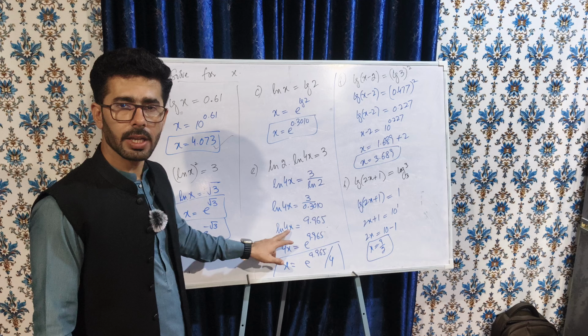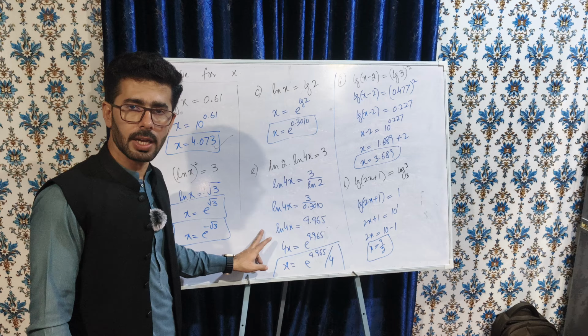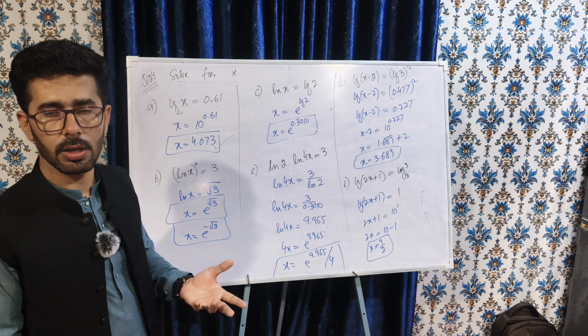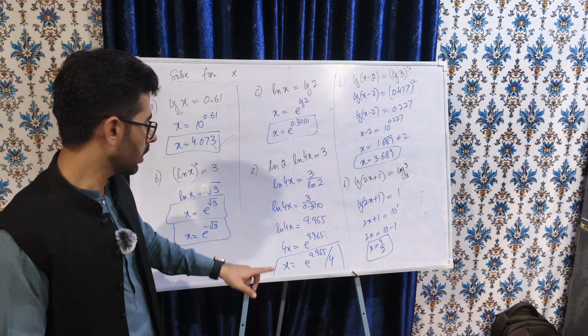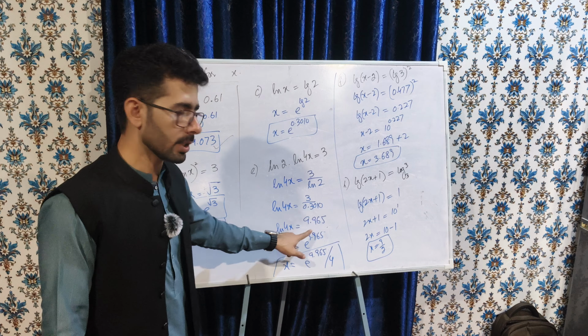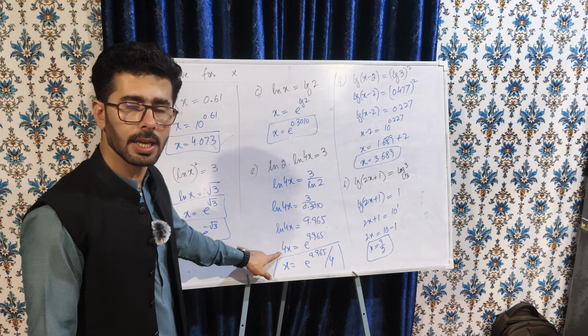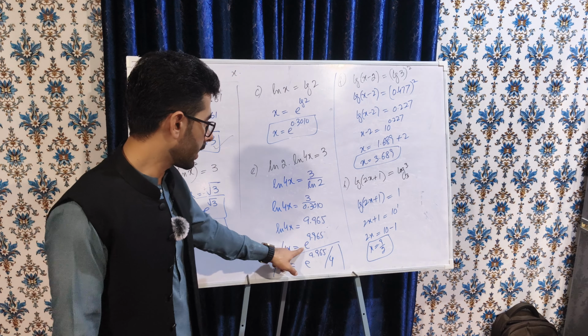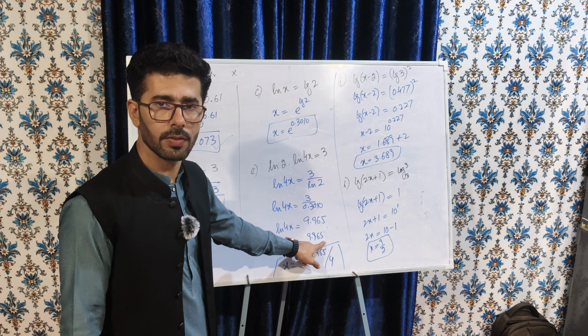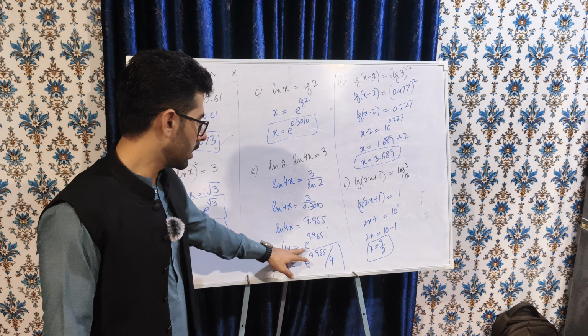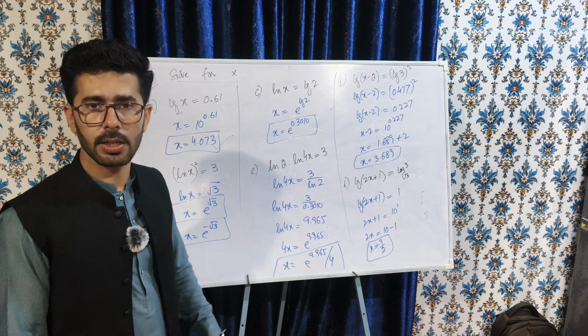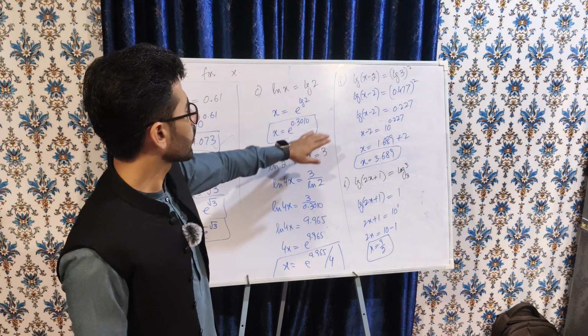For calculating 4x, we need to get rid of the ln. We take the inverse of the log. Inverse of log is the exponential function. We take e base on both sides. So we have 4x here, ln and e got cancelled, and e power 9.965 on the right side. We need the value of x, so we divide by 4 on both sides.